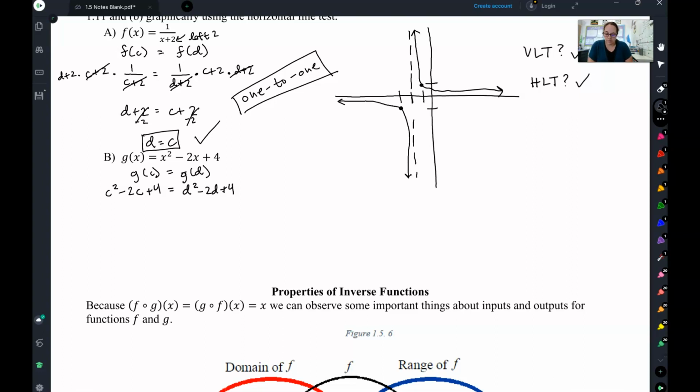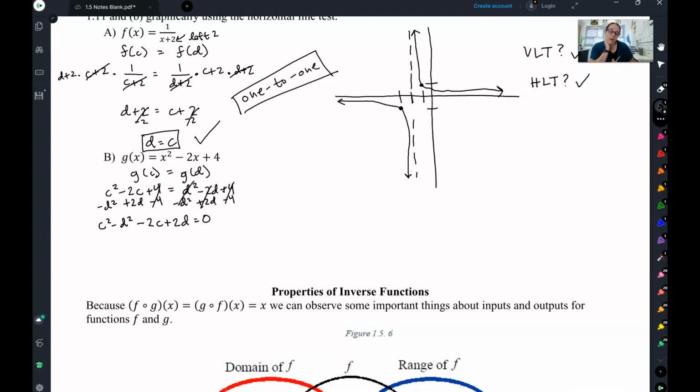Now I'm going to simplify this. Since it is a quadratic, I'm going to start by bringing everything to one side. And you'll notice the 4's go away. So I've got c squared minus d squared, and then minus 2c plus 2d equals 0.